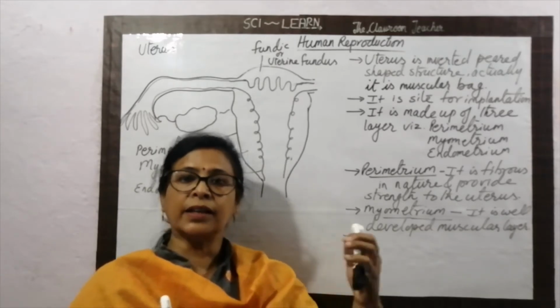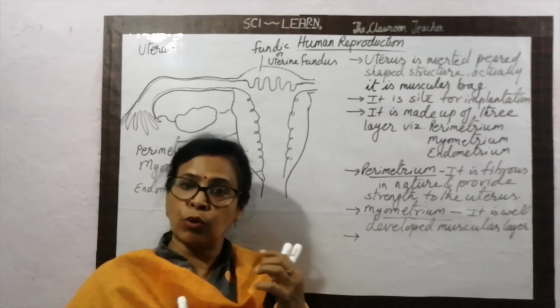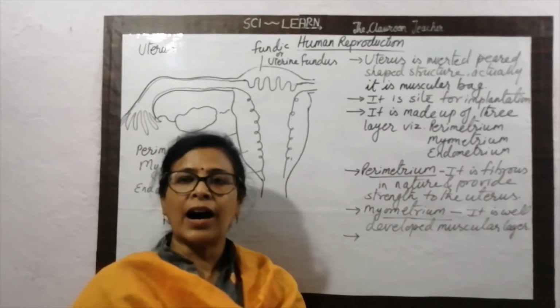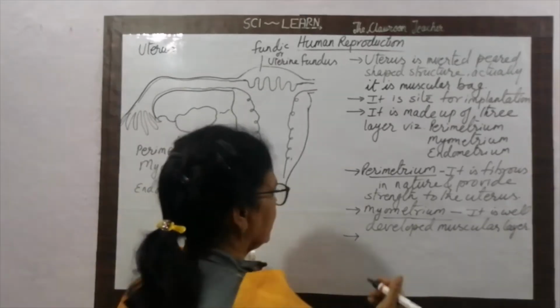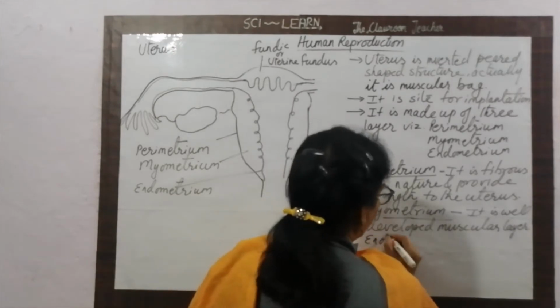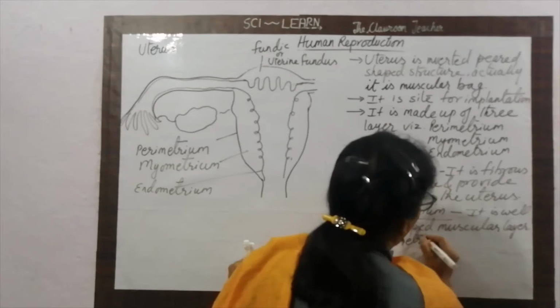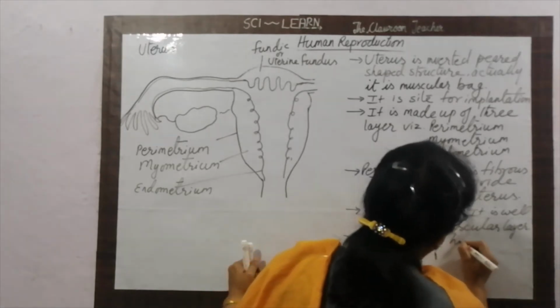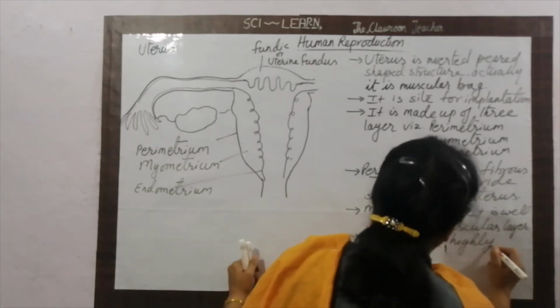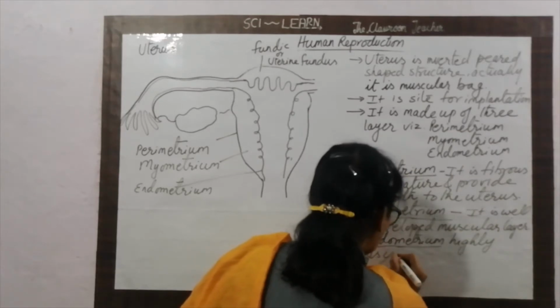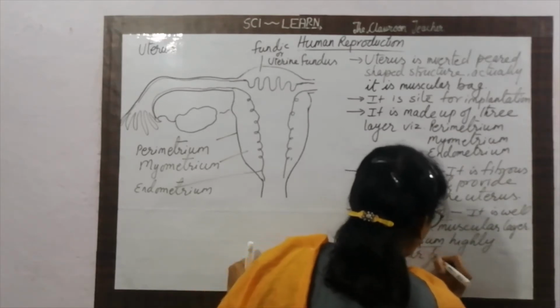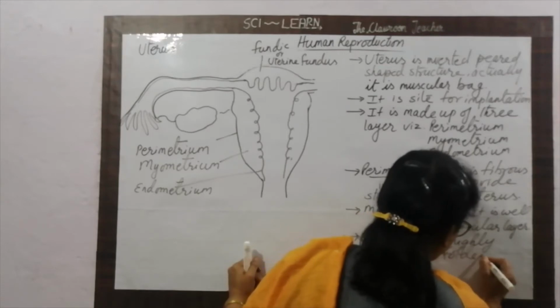The third layer, the innermost layer, is a folded structure. It is a folded, highly vascular structure. Last is the endometrium, a highly vascular and folded layer.